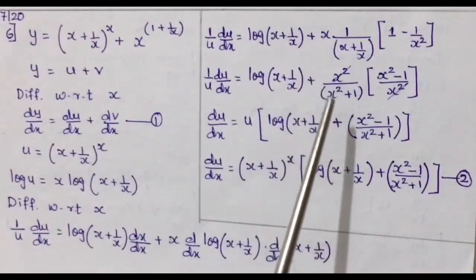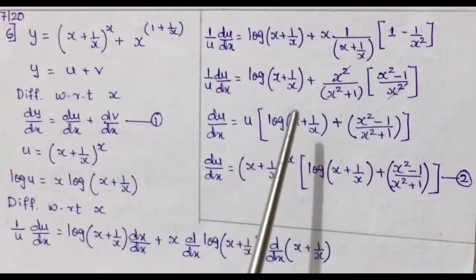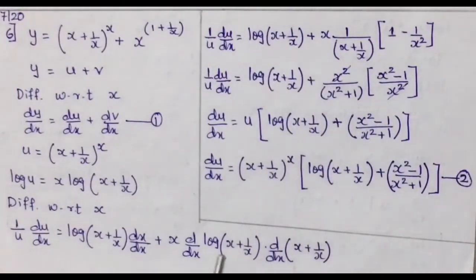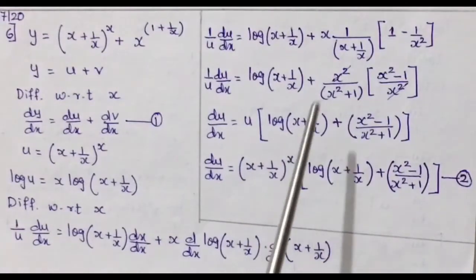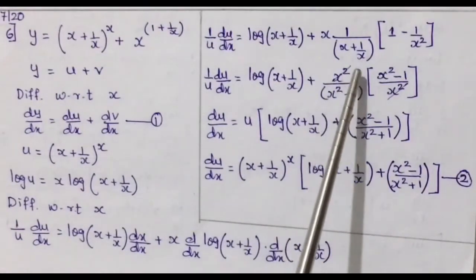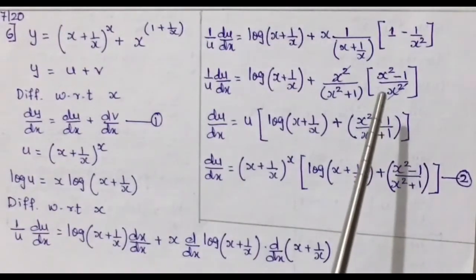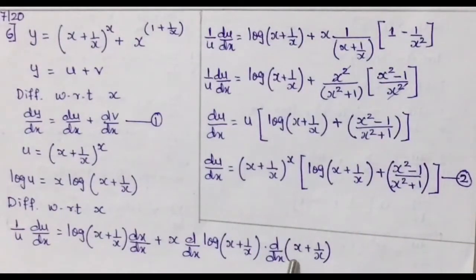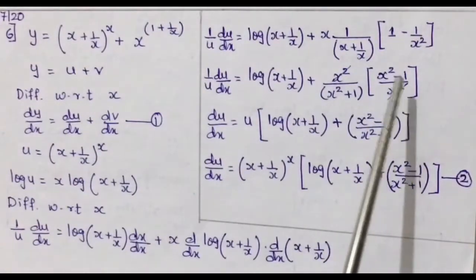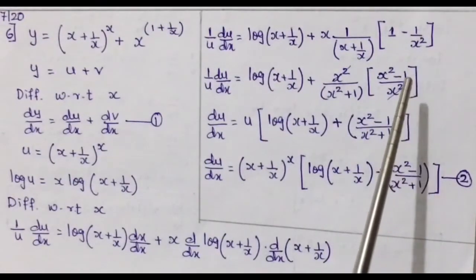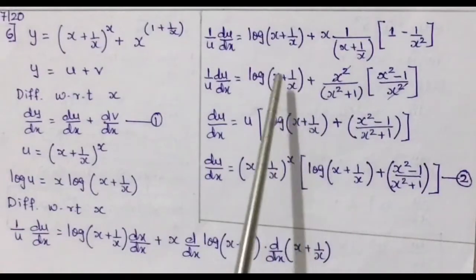So that is being written here 1 plus x is as it is, log (x plus 1 by x) derivative will become 1 upon (x plus 1 by x), standard derivative of log. Derivative of x is 1. 1 upon x derivative is minus 1 by x square. Standard derivatives are being used.